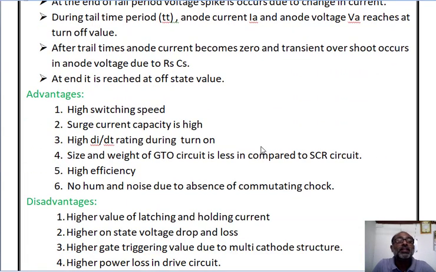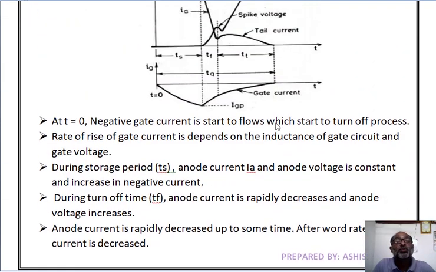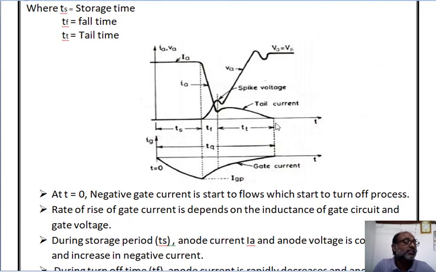Now let me see the advantages. It has a high switching speed. That is one advantage. Second, the value of surge current is similar to the surge current in the SCR. Now the di/dt rating is very high at the time of turn-on.